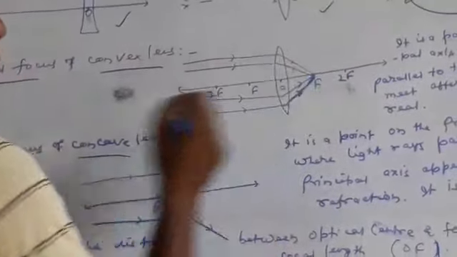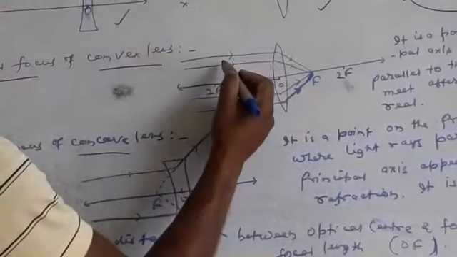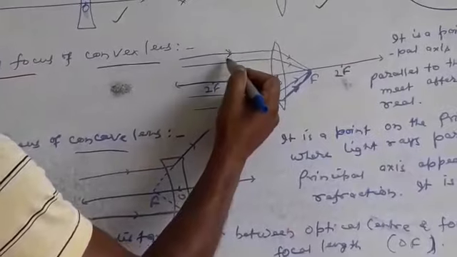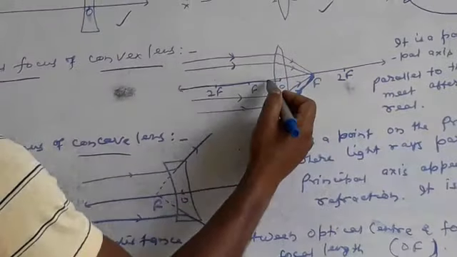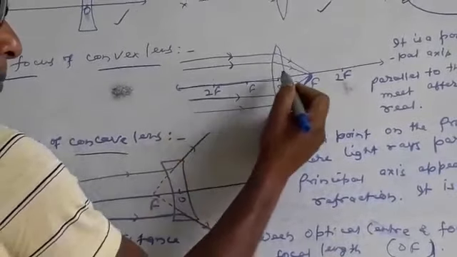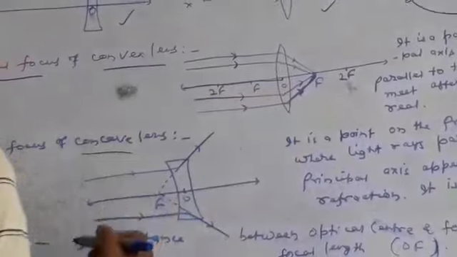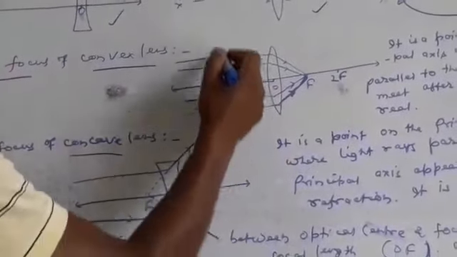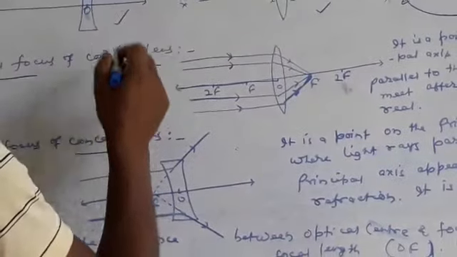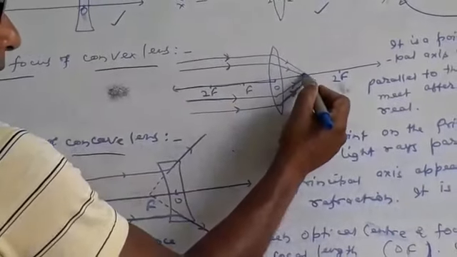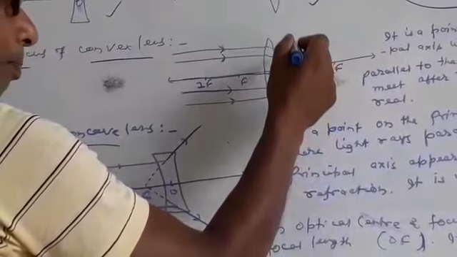You are seeing in the diagram the principal axis, 2 light rays from this point parallel to each other and also parallel to the principal axis, and 2 light rays just below the principal axis parallel to each other and parallel to the principal axis. All these parallel light rays, after falling on the spherical lens, that means the convex lens, intersect at a point F. So F is the focus.